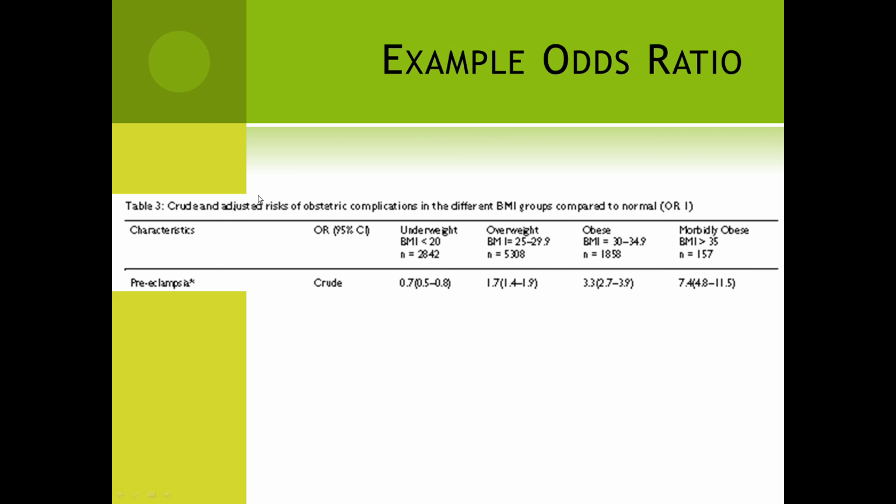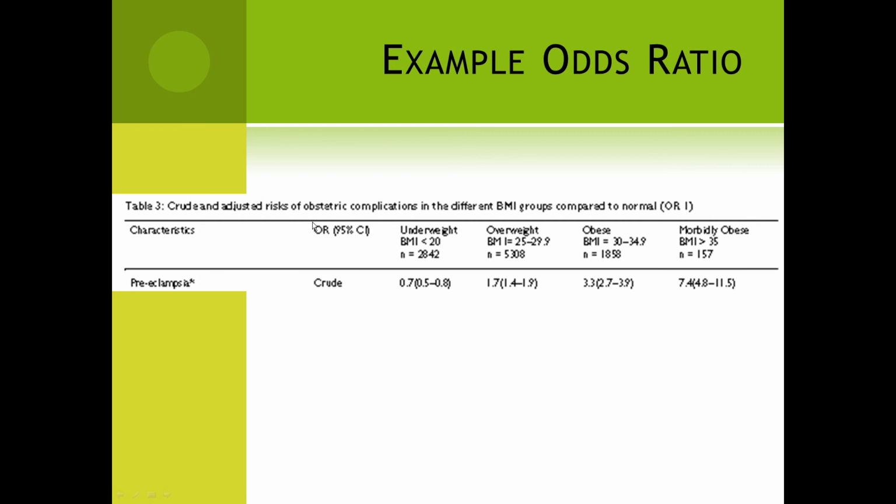Adjusted risks, which we'll have a look at in a little while, are a more finely tuned analysis, and they take into consideration some of the other factors that might influence a woman's risk of preeclampsia, like for example primiparity or a new partner. So you should always look at the adjusted odds ratio or adjusted relative risks, but they're too complicated to work out by hand, so we're just working with the crude ones in these examples, but you read them in exactly the same sort of way.